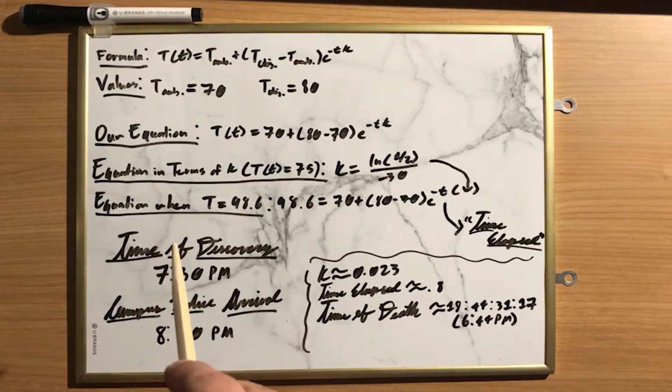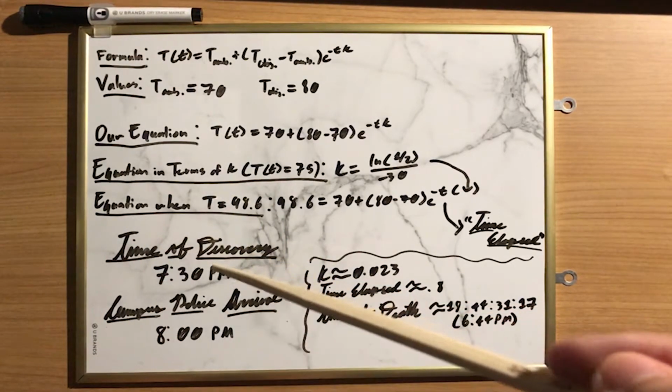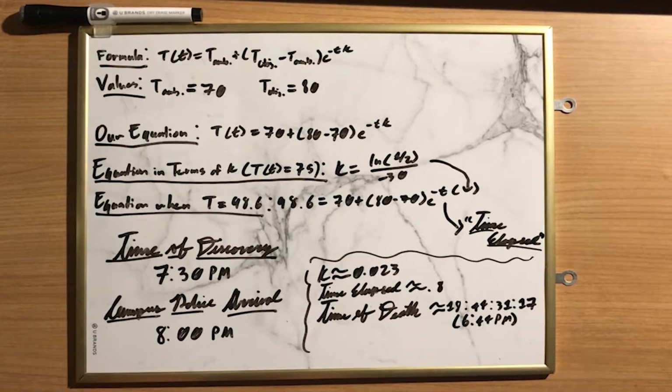We can now have our equation whenever the temperature is equal to 98.6. The reason for setting the equation to 98.6 is, first, we're trying to find the temperature of the body at the time of death. We're assuming that the initial temperature of the body at the time of death is 98.6, which is the gold standard of average body temperature.